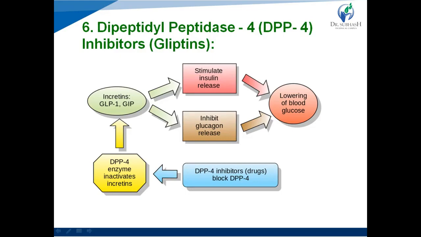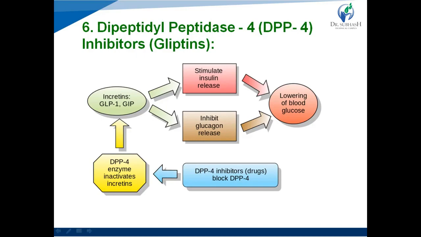And this dipeptidyl peptidase 4 inactivates incretins. So this inactivation has to be inhibited to lower the blood glucose level, and this is done by DPP4 inhibitor drugs. Incretins stimulate insulin release and inhibit glucagon release, so this results in lowering of blood glucose.